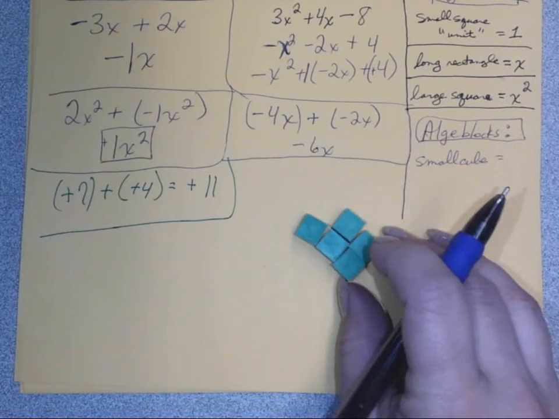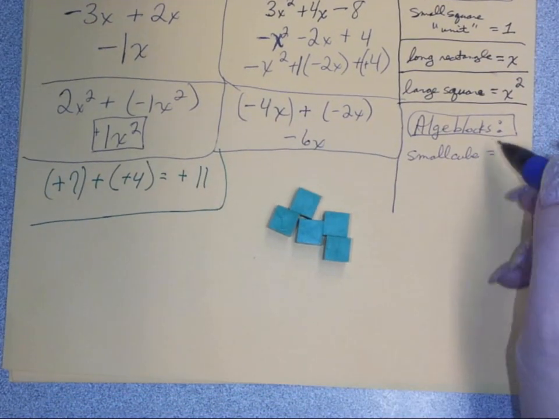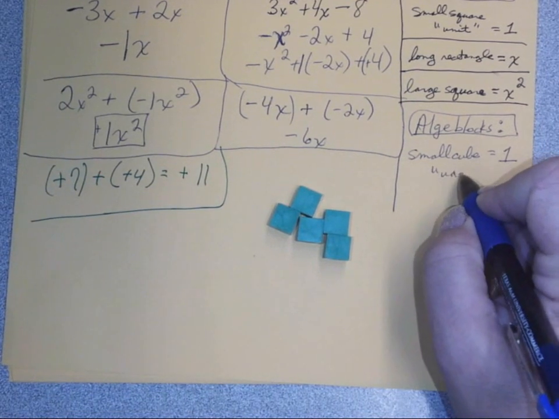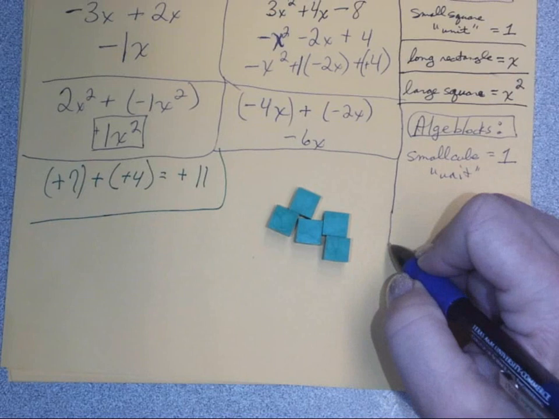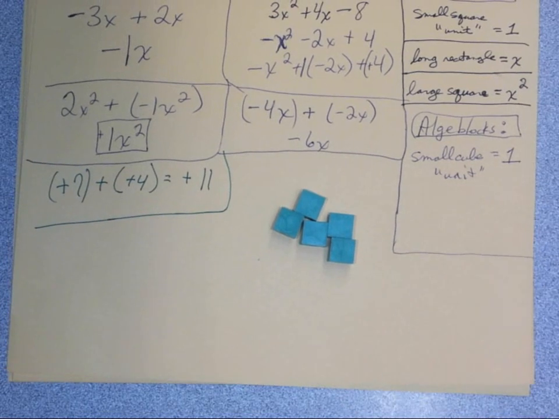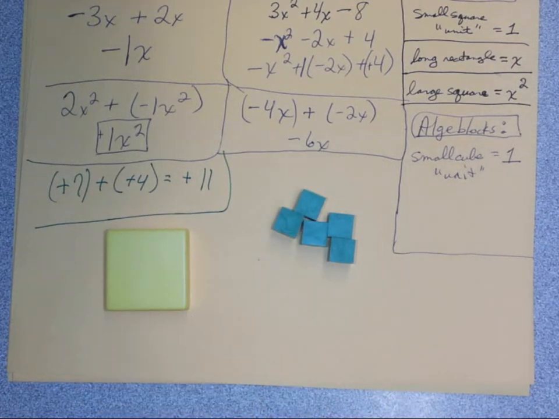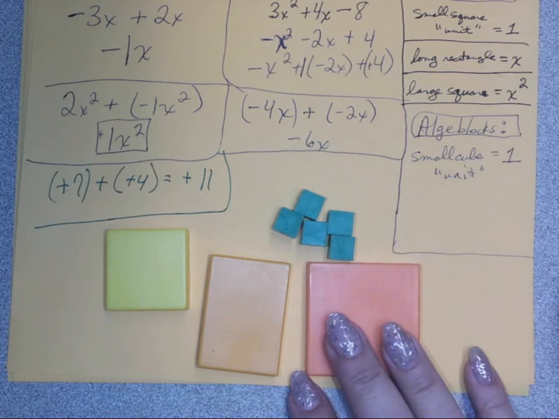It's still the smallest building block that I have, so I'm still going to call him a 1. He's still my unit. It's just that now I'm dealing with a three-dimensional unit, which is kind of neat, actually. Okay, and then I have several other pieces, so I'm going to just put them up here so we can play with them. I'll get a couple of other guys up here in a second.